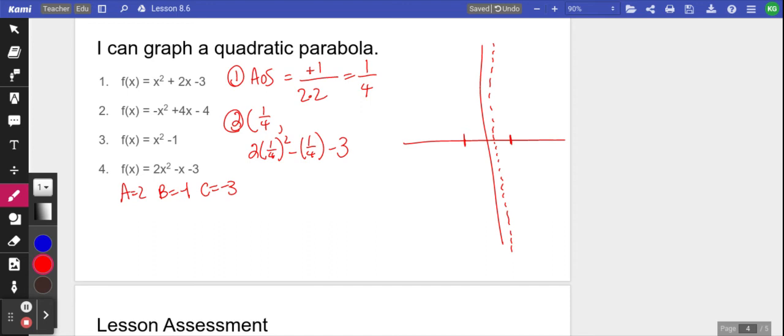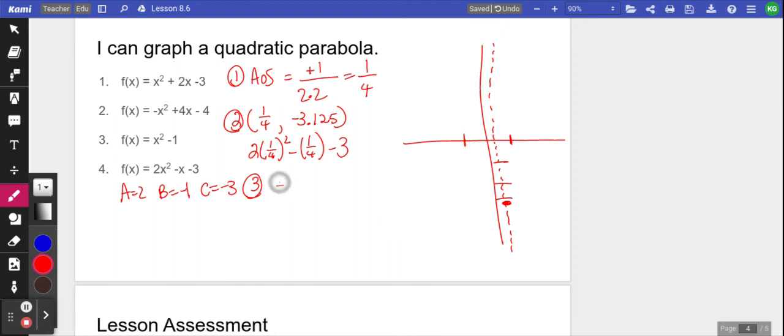I have -3.125, and I don't have my graphing calculator, so I can't change that into a fraction. So I'll just leave it like that for now. So I have -3.125. For my x-intercepts, I'll do quadratic formula.